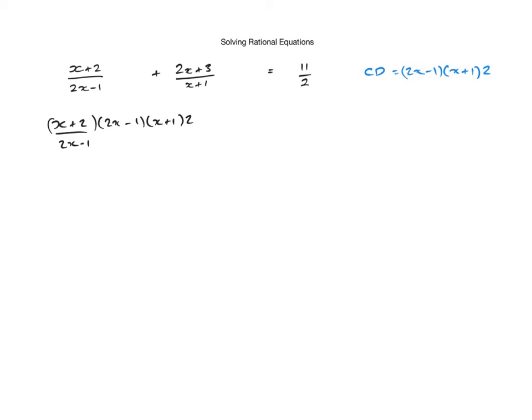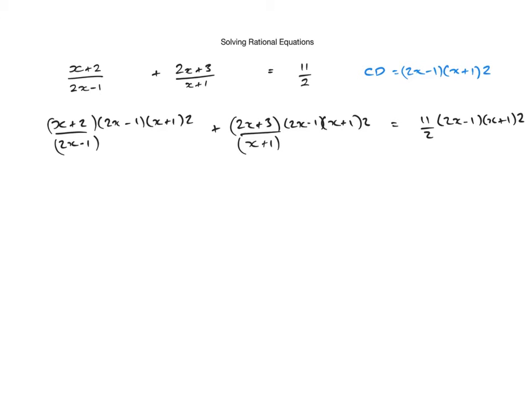We're going to put everything in brackets just so we can see what's going to factor out. The next one then, plus 2x plus 3, put that in a bracket, divided by x plus 1. And then put the CD, the common denominator, which is 2x minus 1, x plus 1 by 2, and it is equal to 11 over 2. And again, put everything down, so we've got 2x minus 1, x plus 1 by 2.